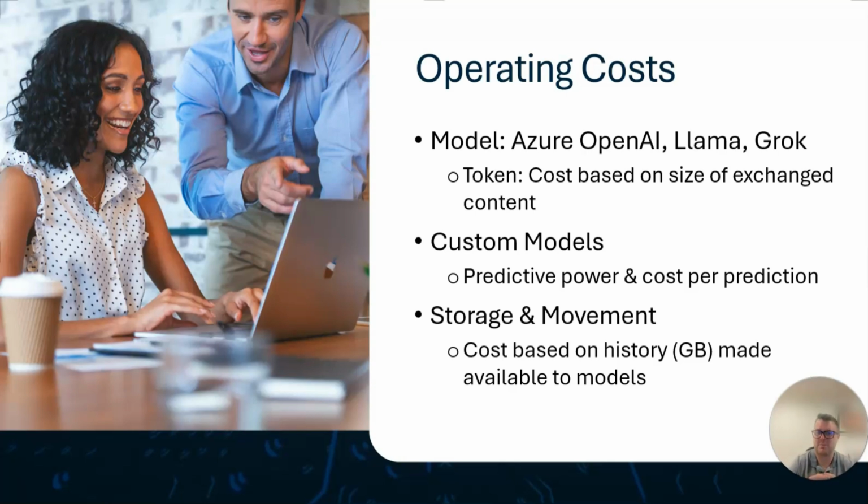So the thing to keep in mind is those pre-trained models, you pay per what we call a token, or piece of text that's processed, not necessarily per request. In a custom model, things are much different. You're paying for resource consumption, so like CPU or GPU consumption. So the cost is literally tied to the training time, the volume of data used, and so on and so forth.